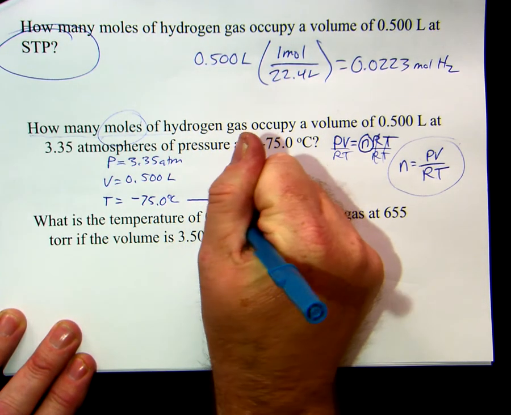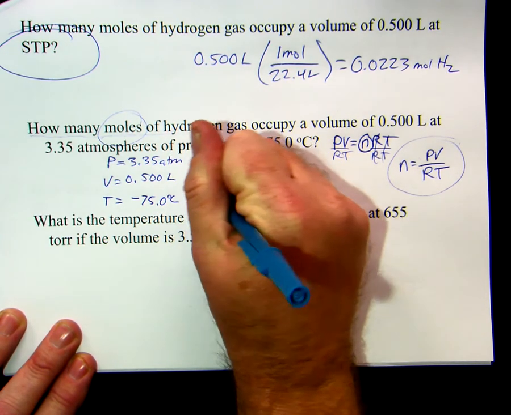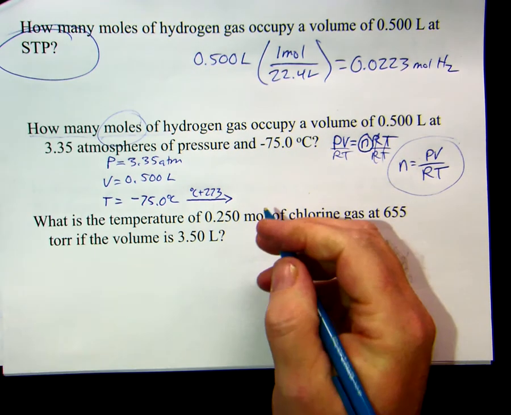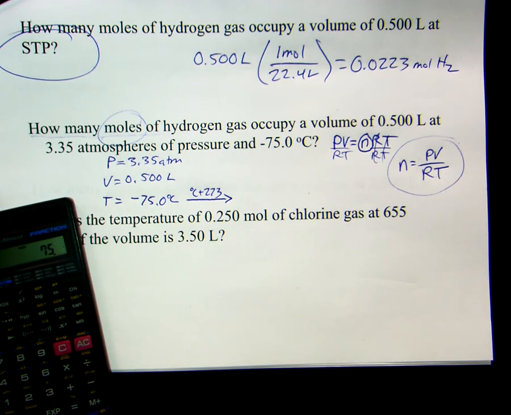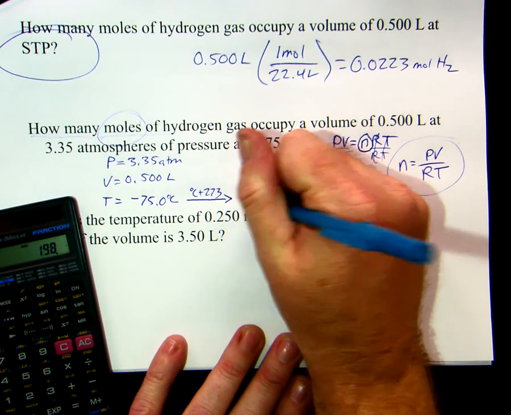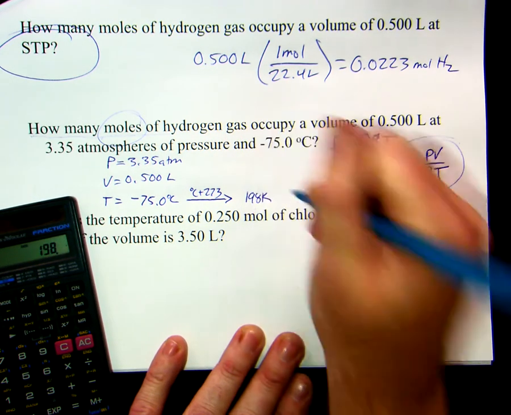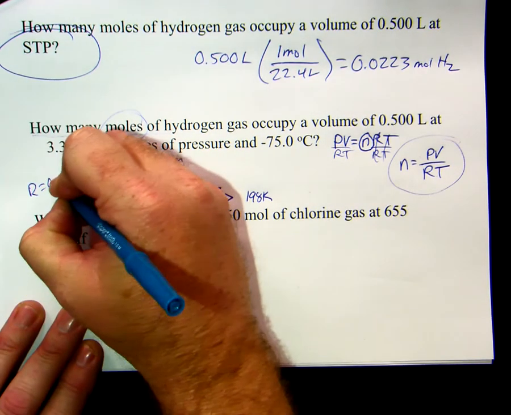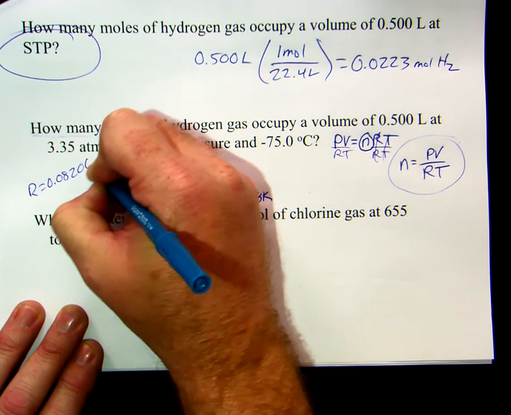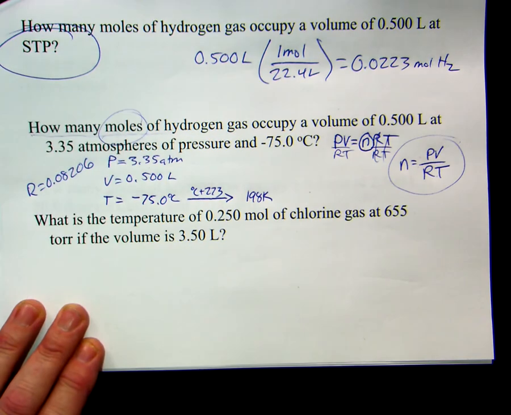So Kelvin is degrees C plus 273. So let's see what that is. I got 198 Kelvin. All right, and then R is 0.08206. Just to remind you.